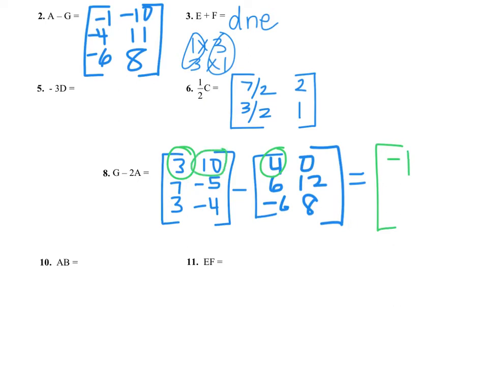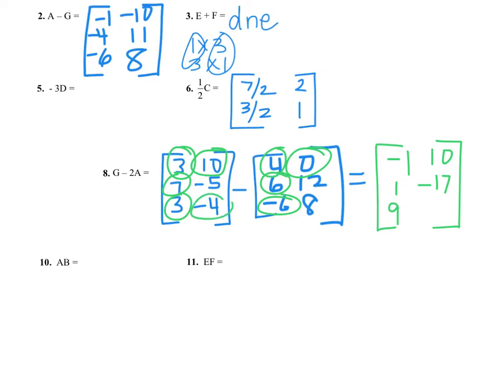And then 10 minus 0 is 10. 7 minus 6 is 1. Negative 5 minus 12 is negative 17. 3 minus negative 6 is 9. And negative 4 minus 8 is negative 12. Anybody get that before I did? Yeah, good.